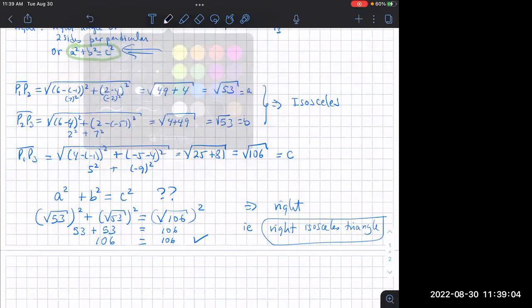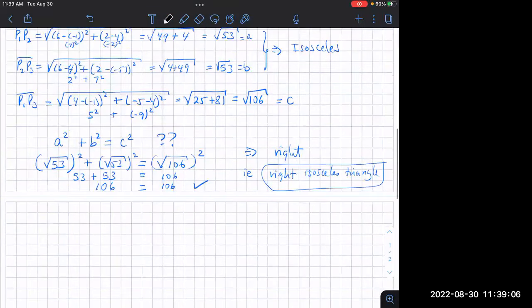Any questions? No. Okay, very good. So in this section, we're applying these two formulas. Let's do 46.